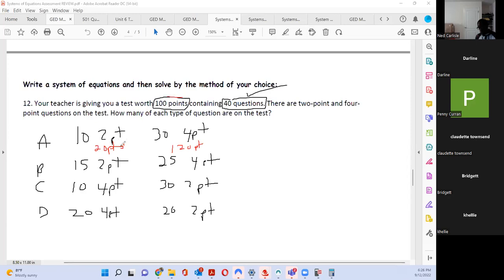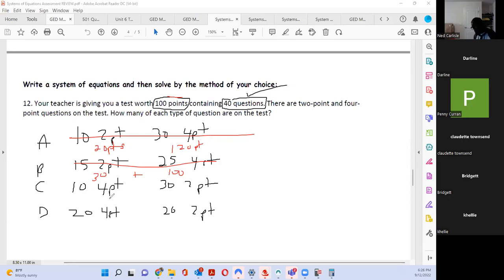So if it's 20 points here and 120 points here, can A be an option? No. Okay, what's 15 times 2? 30. What's 25 times 4? 100. Well, again, we went over 100 points. It can't be B. Let's look at C.